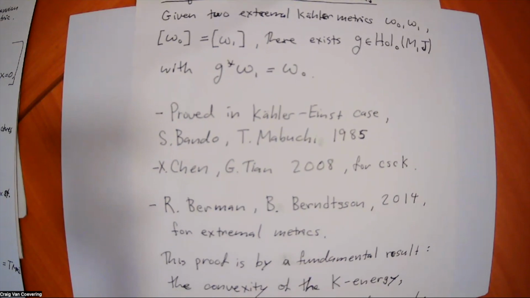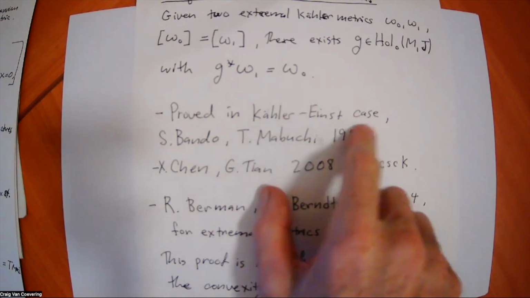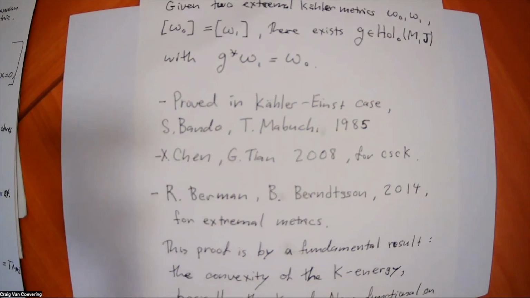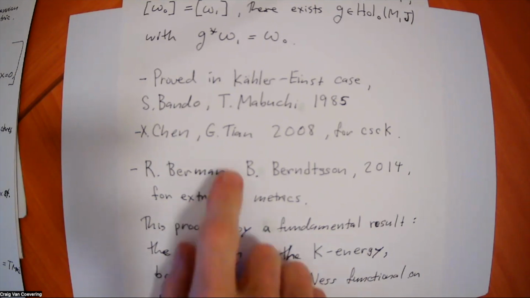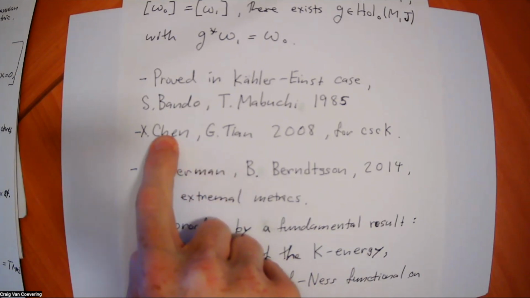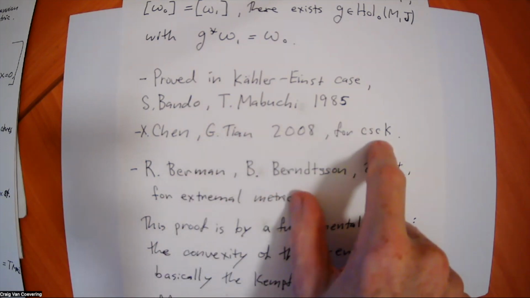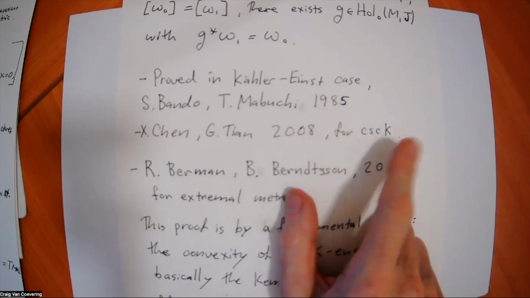So this was proved for the Kähler-Einstein case in 1985 by Bando and Mabuchi. There's a paper by Chuanshan Chen and Gang Tian in 2008 proving this for constant scalar curvature, I think just constant scalar curvature Kähler metrics.